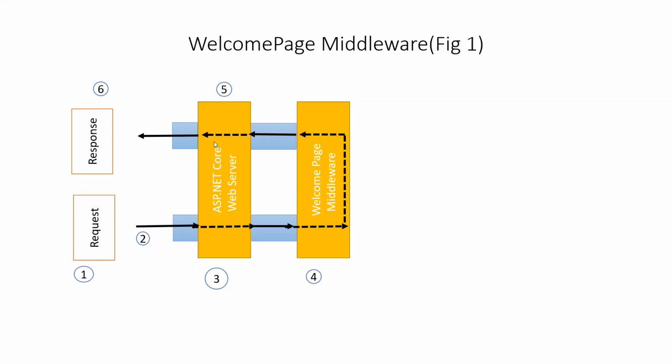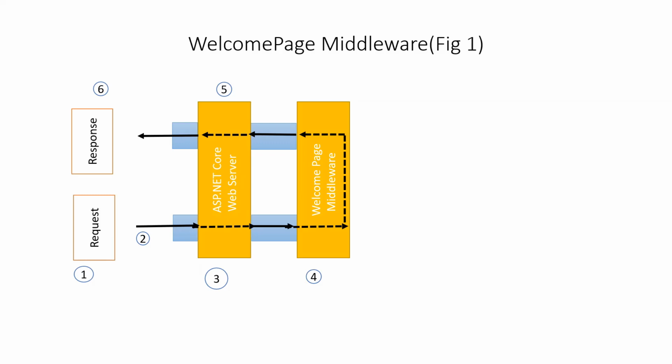This response is passed to the ASP.NET Core web server, which returns the HTTP response containing the HTML to the browser. This is a very simple case in which this is the first and only middleware in the pipeline, and the welcome page middleware receives the request and must decide how to handle it. The middleware responds by generating an HTML response no matter what request it receives. This response passes back to the ASP.NET Core web server, which forwards it onto the user to display in their browser. That's what I explained.